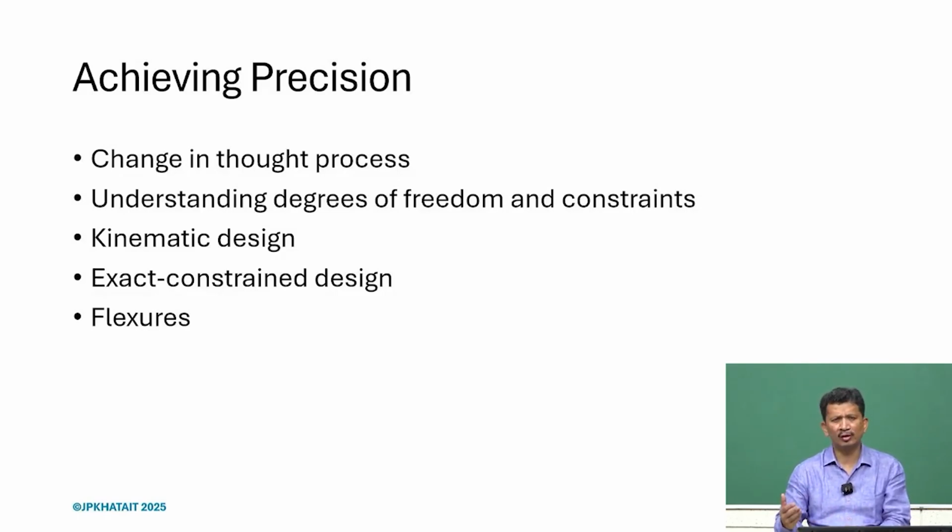Of course, later we'll move to flexures. Here we are talking about contacts, which are friction based, but slowly we'll try to remove the friction part as well. We try to remove contacts with suitable flexures, and we should be able to achieve high precision instruments or machines. Thank you.